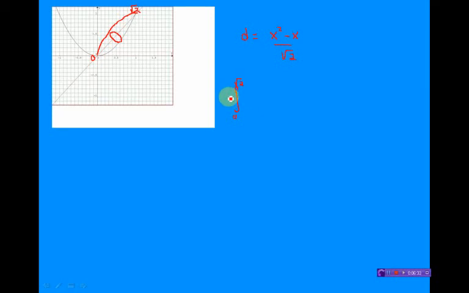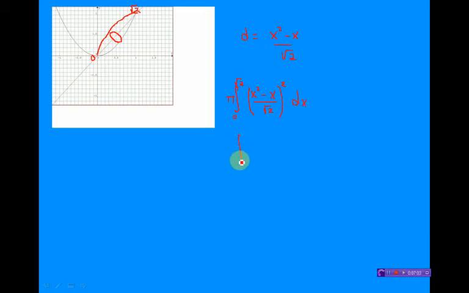Pi r squared is the area of that circle, so I can put pi on the outside of the integral sign because it's a constant. Pi times r. R is the distance, so x squared minus x over square root of 2, quantity squared, times my little change in distance.